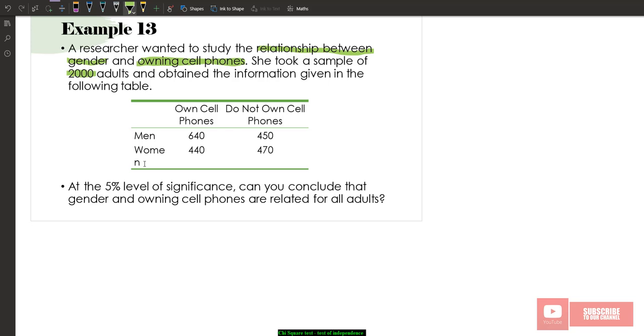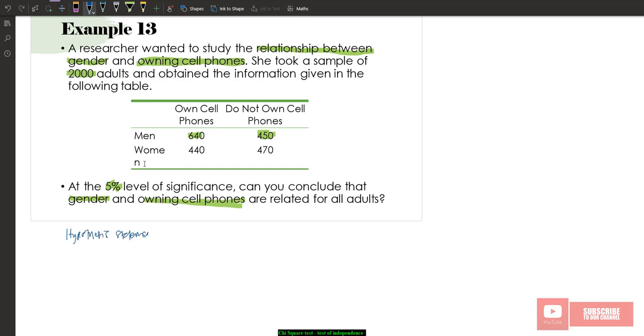So we have own a cell phone, do not own a cell phone. So at 5% level of significance, can you conclude that gender and owning a cell phone are related for all adults?